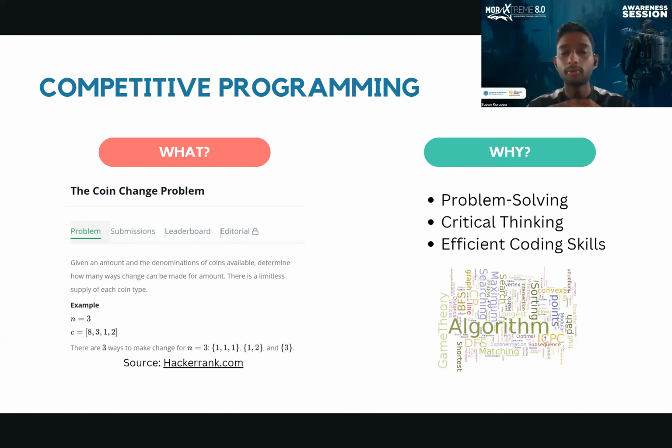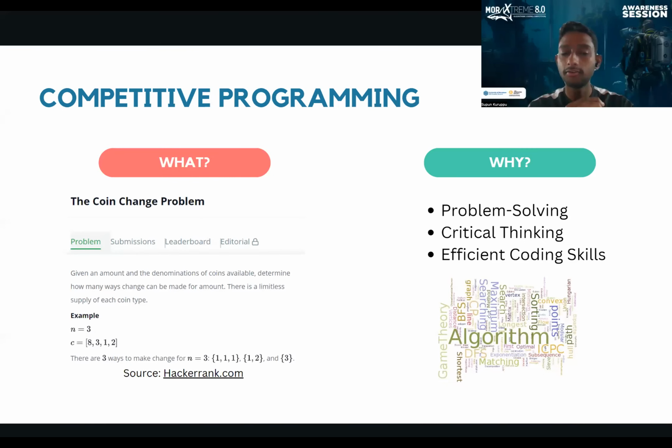So you get some input and then you need to generate some output, and the program that you write to generate the output from the input needs to execute within a certain period of time. For example, in less than 1 second. However big the input is, you need to make sure the program is efficient enough to generate the output within around 1 second. So that's what competitive programming is.